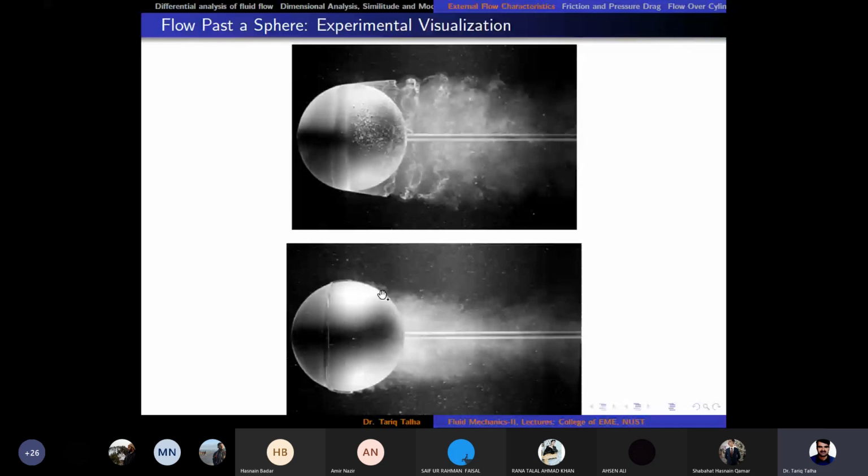That is the reason we put dimples on the surface of a golf ball, because we want this wake region to be much smaller, so that pressure drag is smaller, and that's why we want it to travel more in the air. When the pressure drag is less, the ball would travel more.